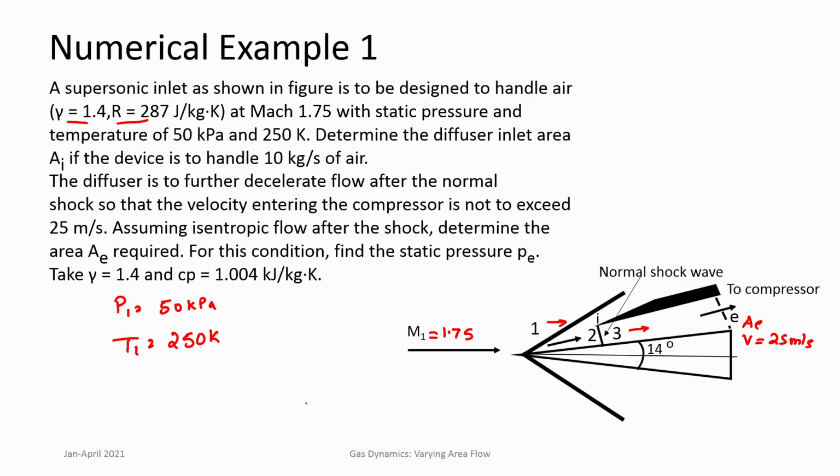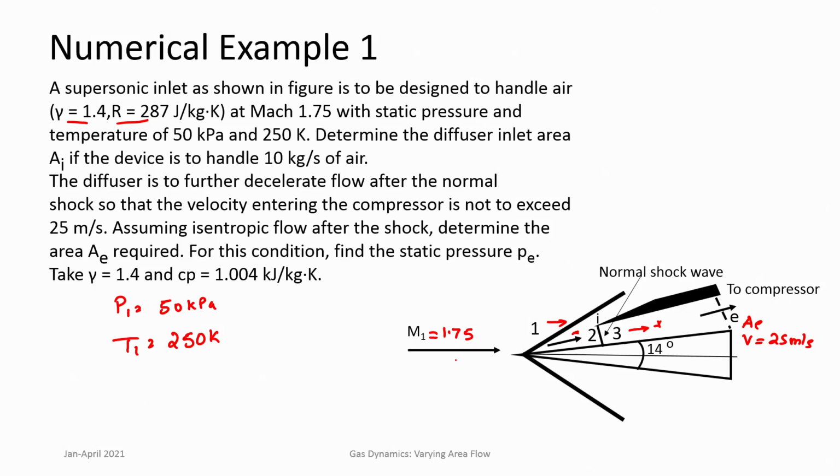Assuming isentropic flow after the shock, besides the shocks, in other regions it is isentropic. Determine what area is required, and find the static pressure at the exit, PE. So this is the problem.